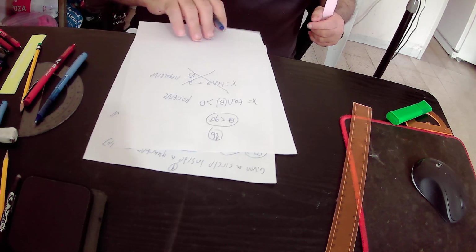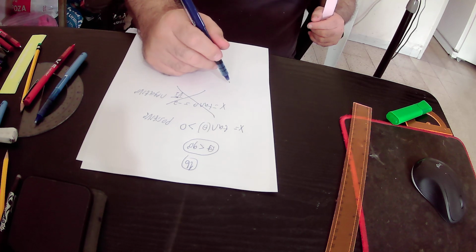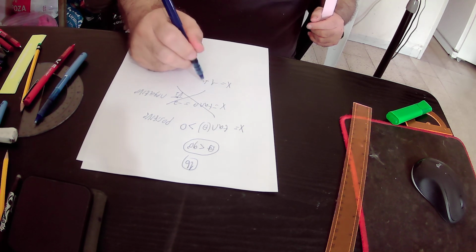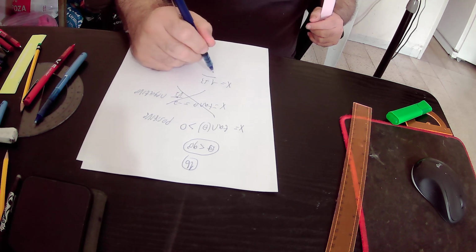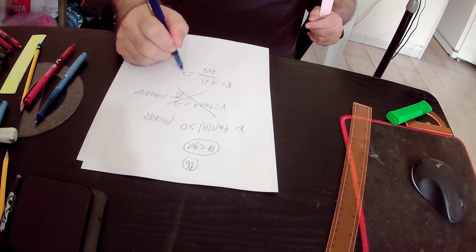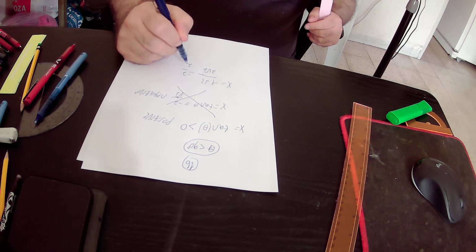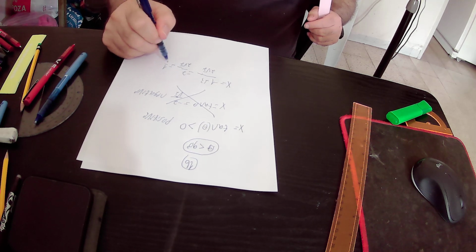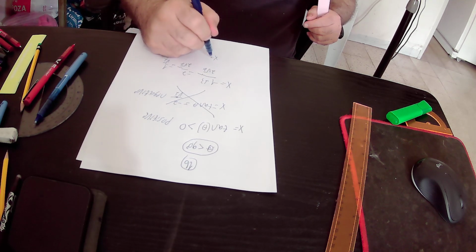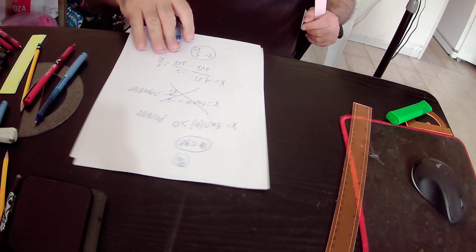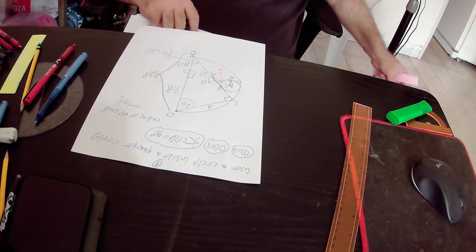So the other solution is the only solution that can be correct: x equals minus 1 plus 3 over 2 times root 2. Minus 1 plus 3 is 2, and 2 over 2 times root 2, 2 over 2 is 1, so 1 over root 2. So x equals 1 over root 2.